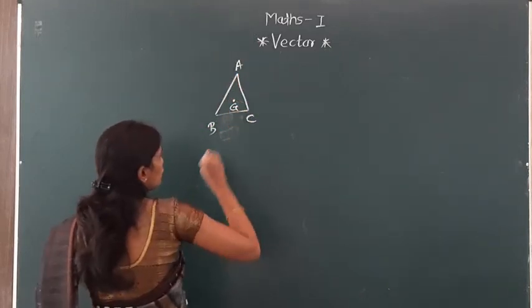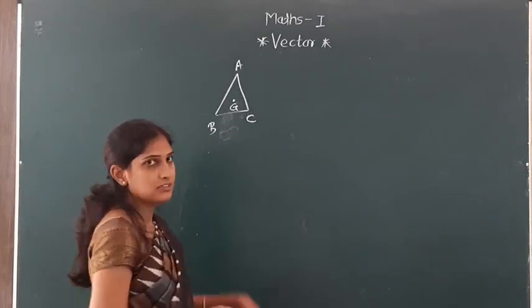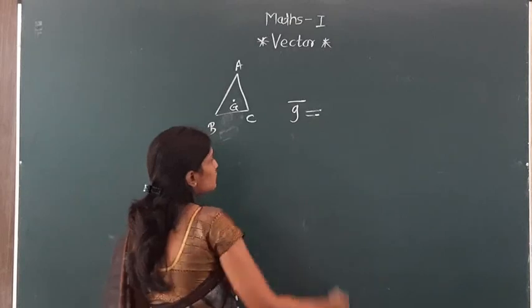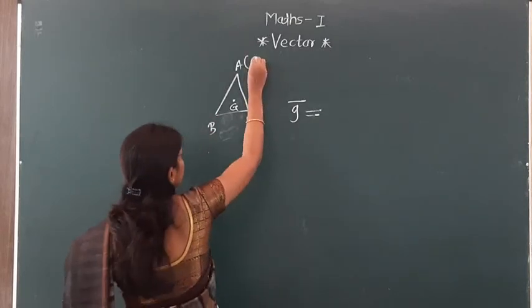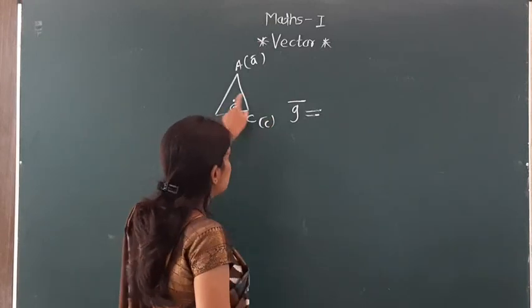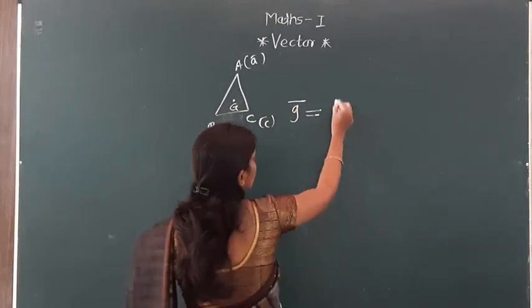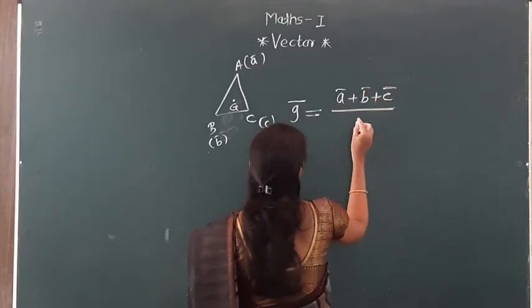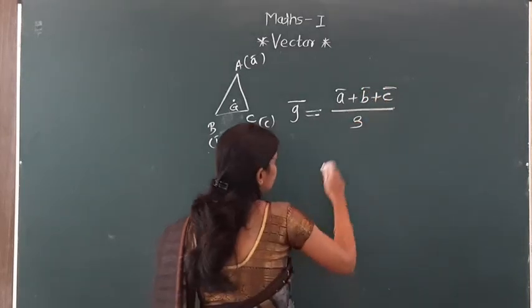and this is the centroid of the triangle, which is G. Then its formula: suppose the position vectors are A bar, B bar and C bar. Then centroid G bar is equal to (A bar plus B bar plus C bar) divided by 3.